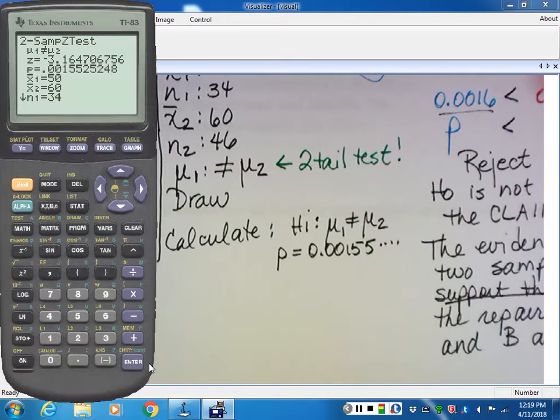It repeats the mean of sample 1 and the mean of sample 2, and the sample 1 size and the sample 2 size. But it didn't give you the actual difference. What was the actual difference between population 1's mean and population 2's mean? $10.